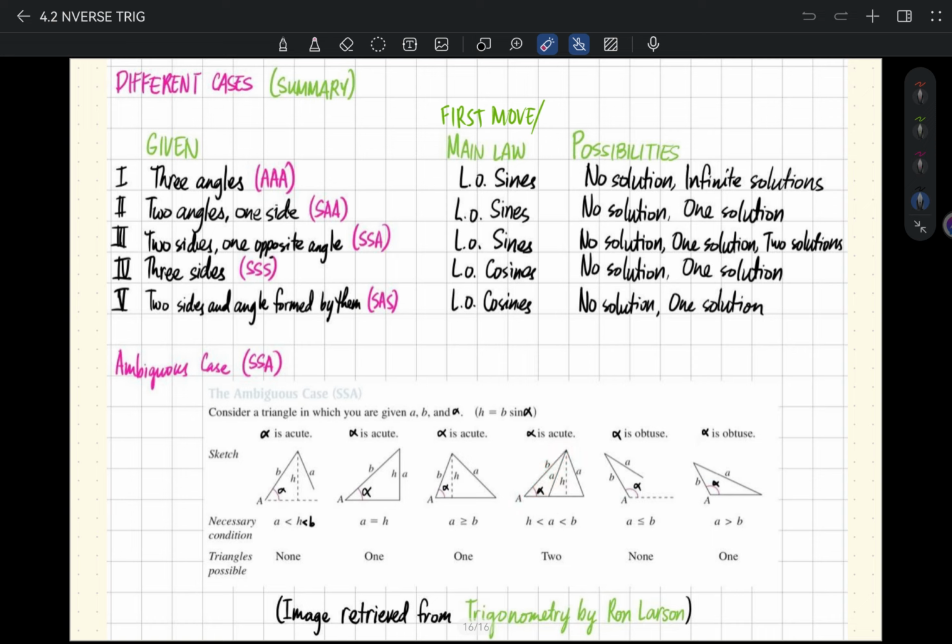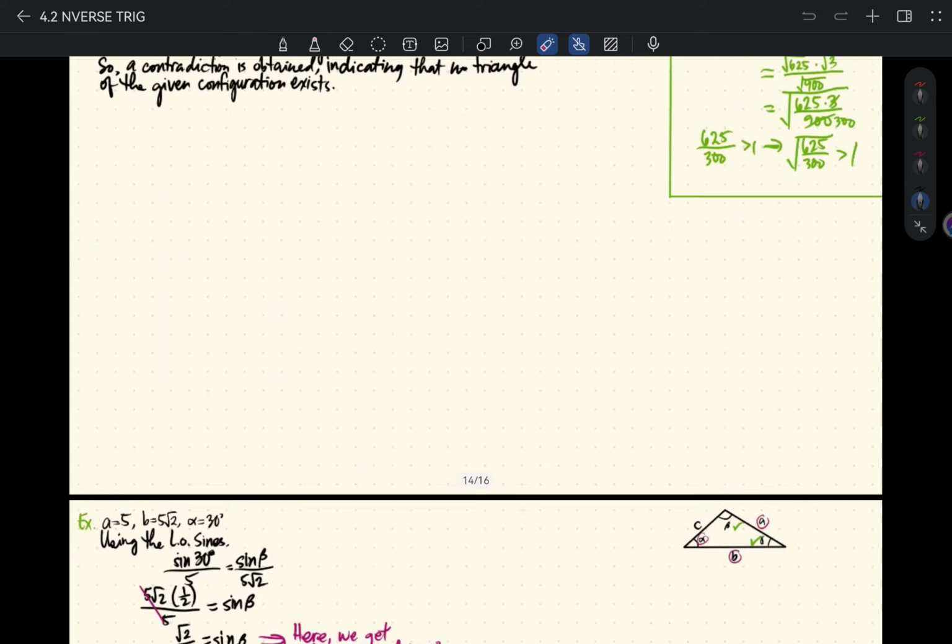Okay? So the takeaway here is for SSA, it's ambiguous. So you just really have to be careful with the values of sine and the values of beta that you are obtaining.